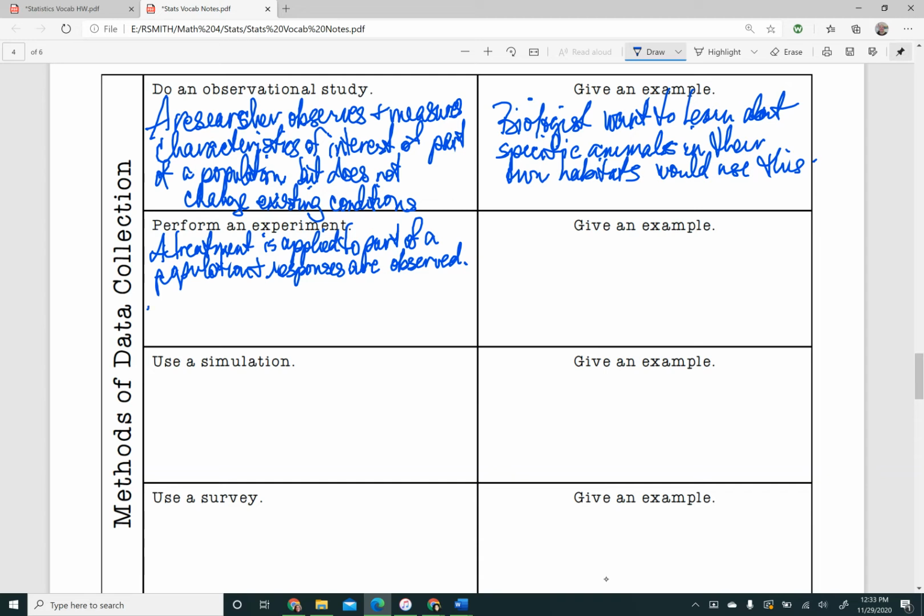Another part of the population could be the control group, where no treatment is applied, or some given a placebo, while others given the treatment.